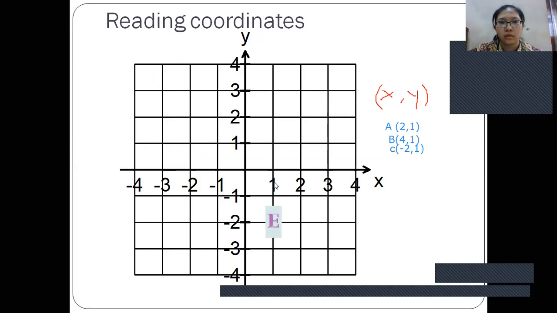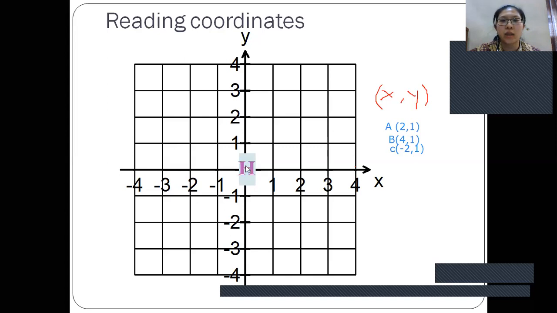E is (1, 2). F is (3, 3). G is (-1, 3). H is here in the middle.